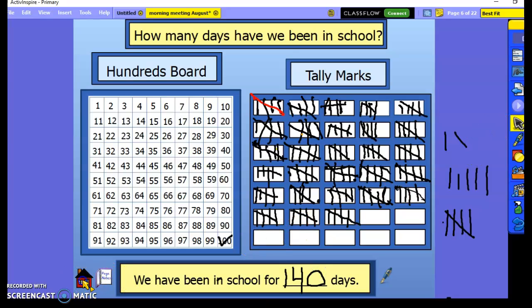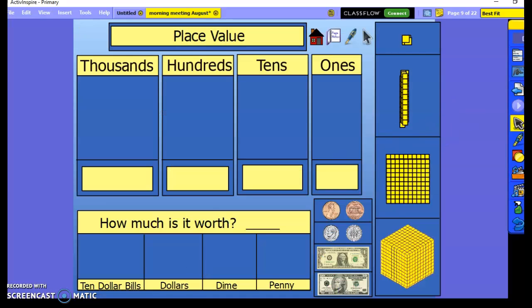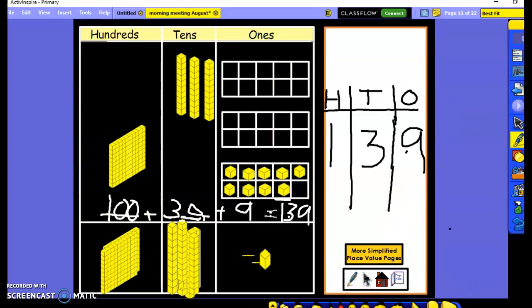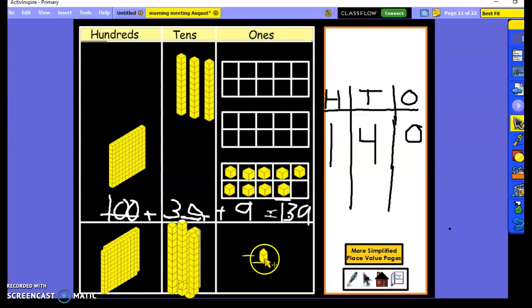Now we are going to go on over to our place value chart. All right, so 140, we have to add another 1. When we do that, we notice that our tens frame is all filled up. So what are we able to do?